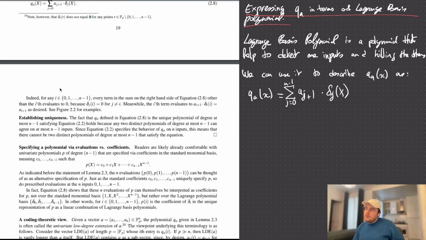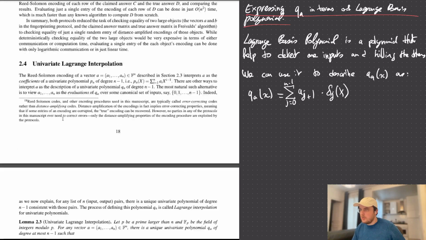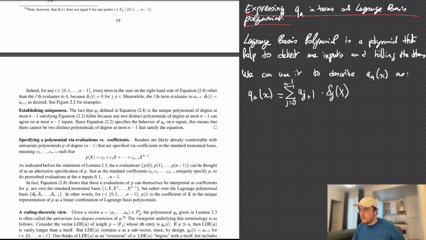So, establishing uniqueness. The fact that Q_A defined in 2.8 is the unique polynomial of degree at most n minus 1 satisfying equation 2.2. Okay, what's equation 2.2? I have no idea. I really have difficulty with equations.